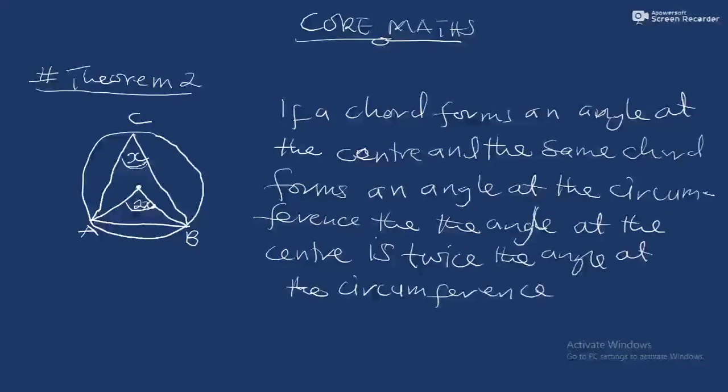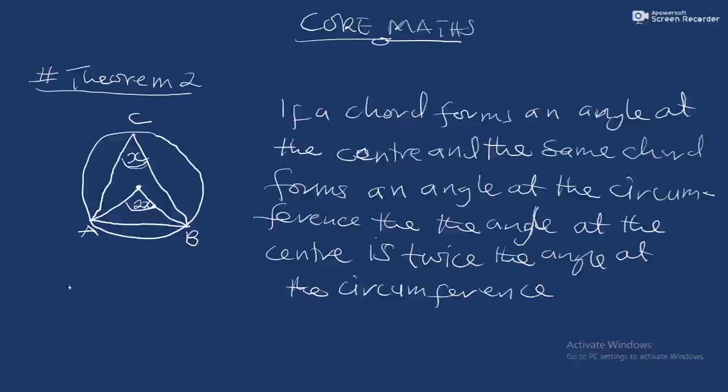Good. So if a chord forms an angle at the center and the same chord forms an angle at the circumference, then the angle at the center is twice the angle at the circumference.